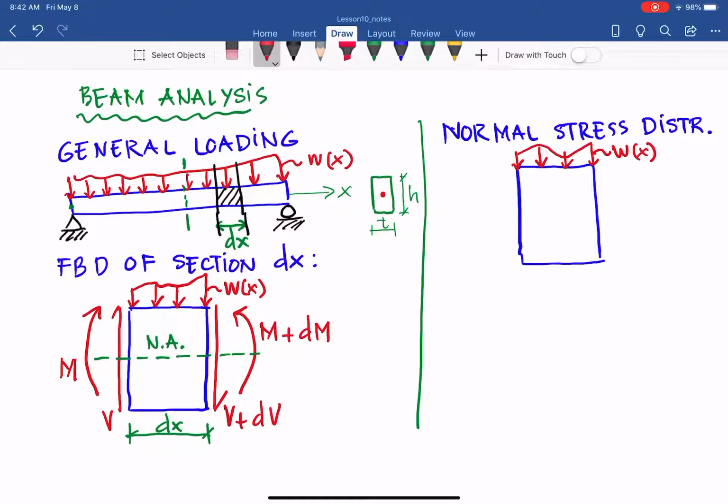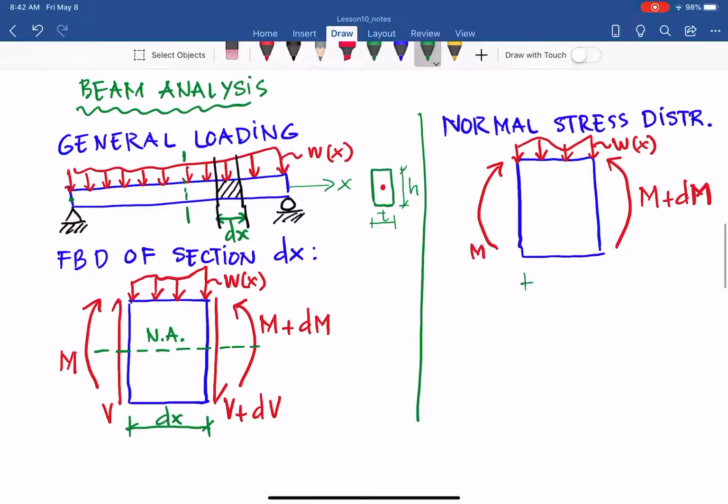So here I only draw the moment, something like we did in pure bending in lesson 8. So M plus dM, and with that we have again this dx and neutral axis NA.